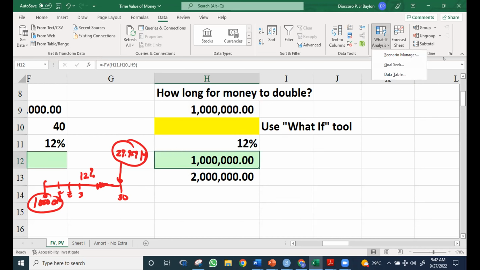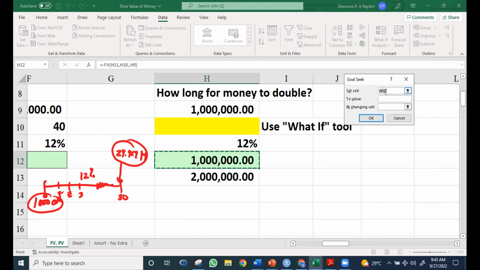So going to What-If Analysis, Goal Seek, set cell, this one to what value? This one I have to type because it's not linkable. So 1, 2, 3. 2 million. And then by changing what cell? I'm changing this one. So I want Excel to keep on changing this so that this one becomes 2 million.